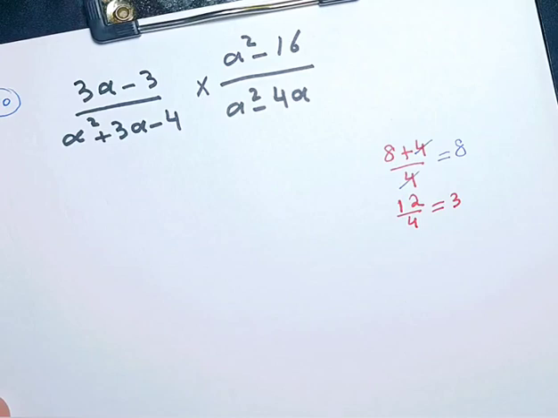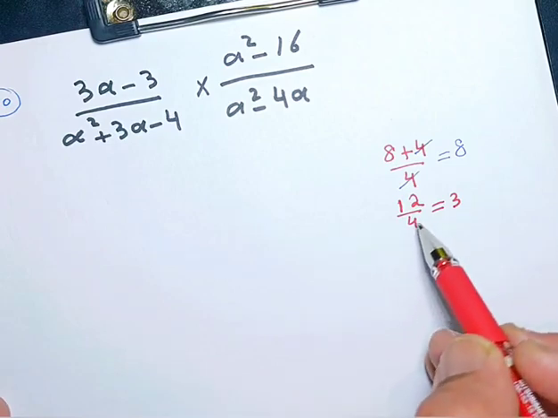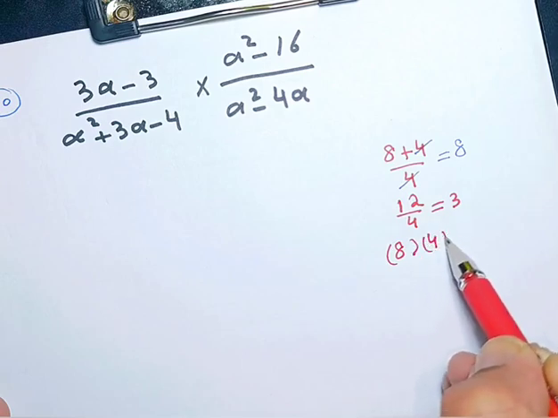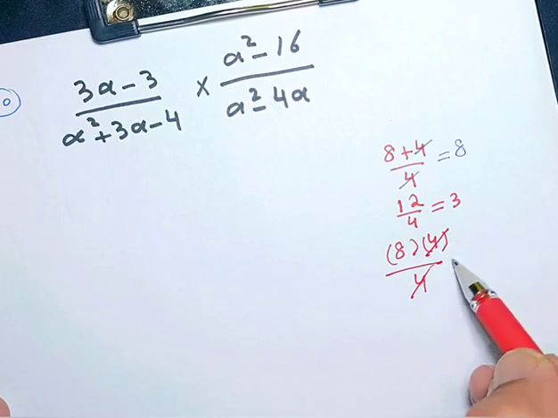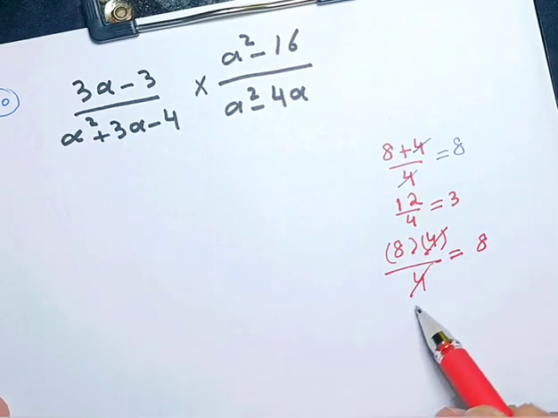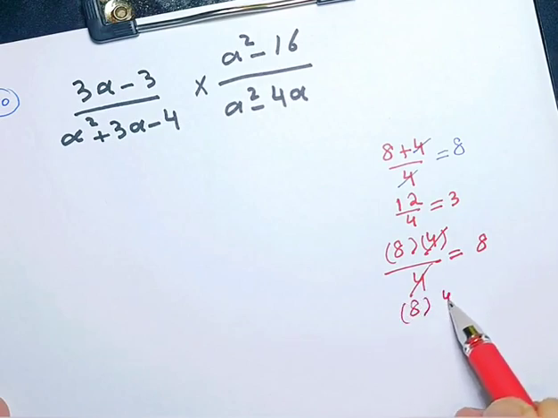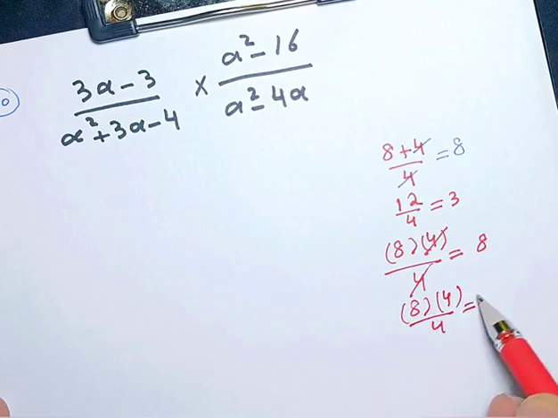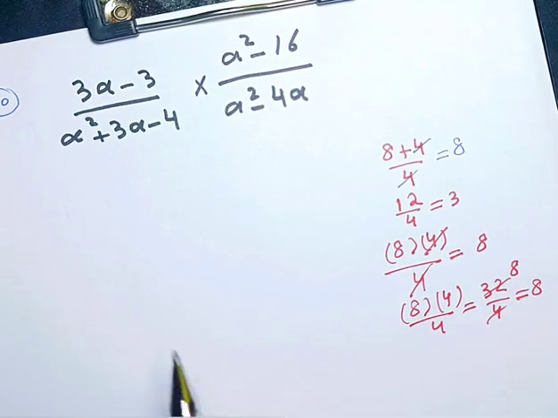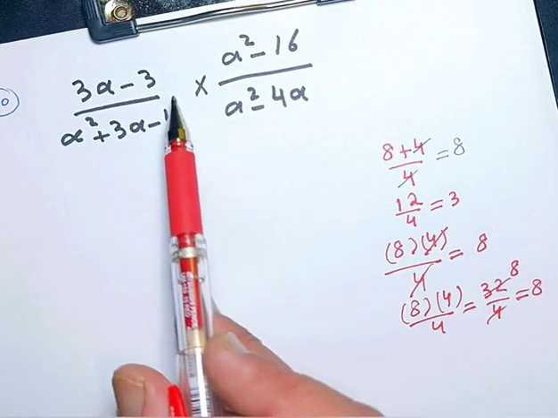Now if they are in multiplication form, 8 times 4 divided by 4, now I can cancel, and the answer will be 8. Even you can check it like this, 8 multiplied by 4 over 4. 8 times 4 is 32, divided by 4, the answer is still 8. So you cannot cancel across a plus or minus sign.